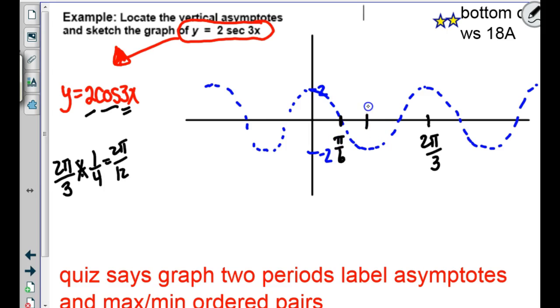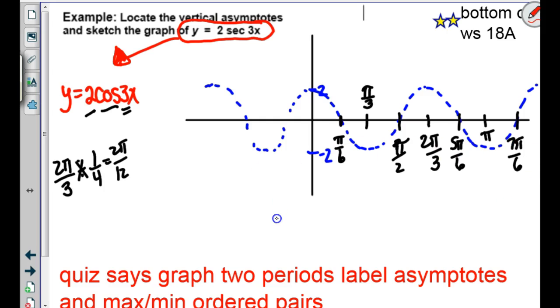This is 2 pi over 6, which is pi over 3. This is 3 pi over 6, or pi over 2. 4 pi over 6 is what we had here. 5 pi over 6. 6 pi over 6. 7 pi over 6. All right.